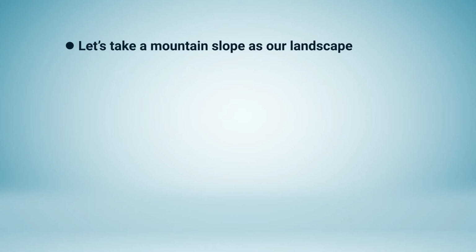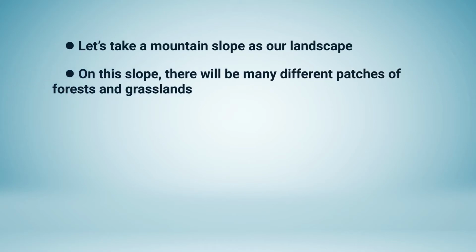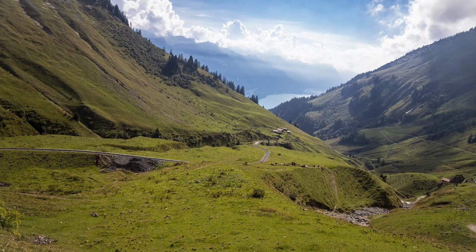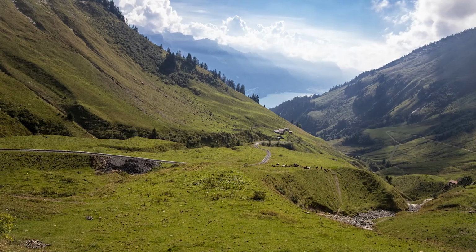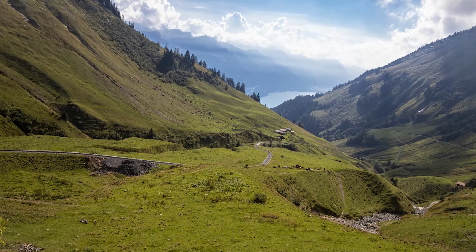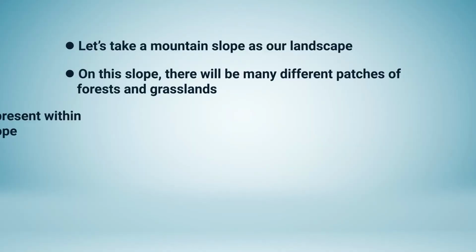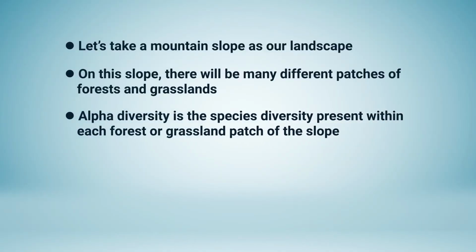Let us take an example. Let us say a mountain slope as a landscape. There you will find different patches of forest, grassland, agricultural land. Here, in this case of the mountain slope as our landscape, to understand this ecosystem diversity, the alpha diversity is the species diversity present within each forest, grassland, or agricultural patch of the slope.